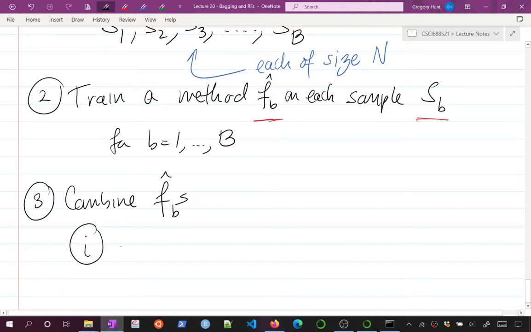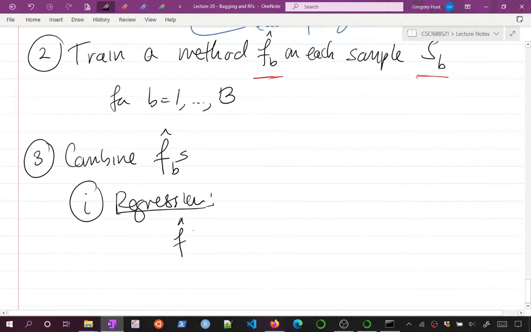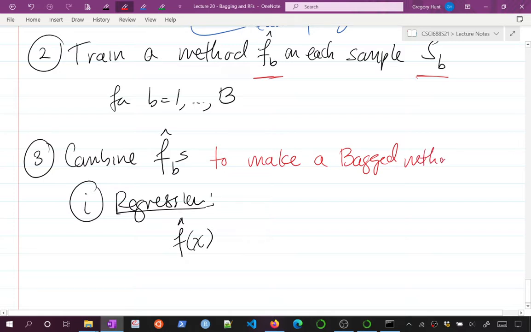Now for a regression context, I'm going to say that f hat, the final classifier, is going to be called a bagged method. We're going to combine the individual classifiers learned on the random subsamples together to make what's called a bagged method.